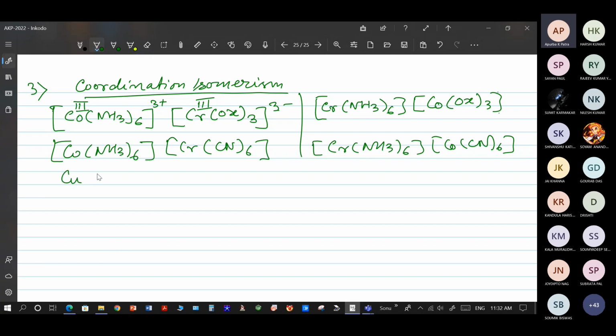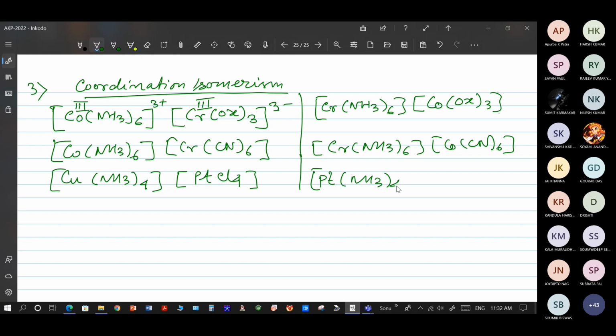Copper examples are also there, and there might be several other examples you can find out, but we require only one or two examples you have to give, and then discuss what that means in your exam paper if the question comes. So NH3 whole 4, and then copper Cl4.